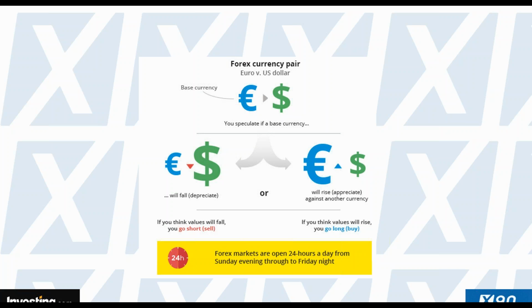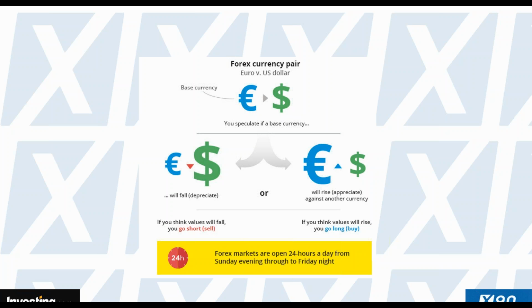Same value. It's the way the quote is handled. Because the majors, the big currencies, which are 7 majors, the euro US dollar, the pound US dollar, the US dollar Japanese yen, the US dollar Canadian, US dollar Australian, they're all quoted the same because they're called the majors.